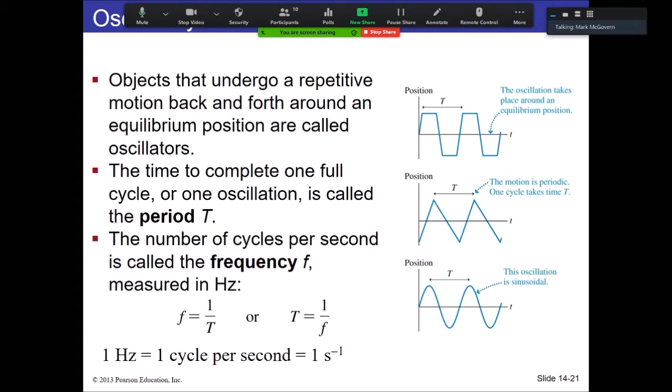Closely related to that is the concept of frequency, which is given by a lowercase letter f. That is very similar to period, except the units are inverted, and the units there are cycles per second. So for that disk, if the period is 4, the frequency is going to be 1 over 4, or 0.25 cycles per second.